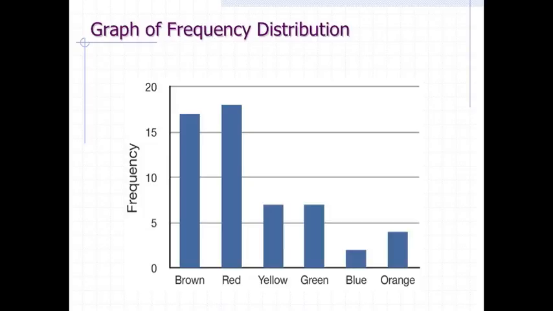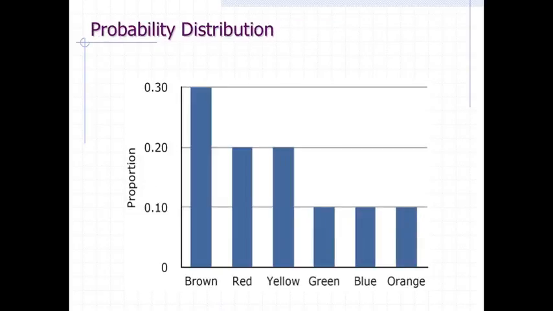Often a frequency distribution is shown graphically, as in this figure. The distribution on the previous slide is the distribution of the M&Ms in one bag. You might be wondering about the distribution of colors for all M&Ms. Conveniently, the manufacturer of M&Ms provides these data.